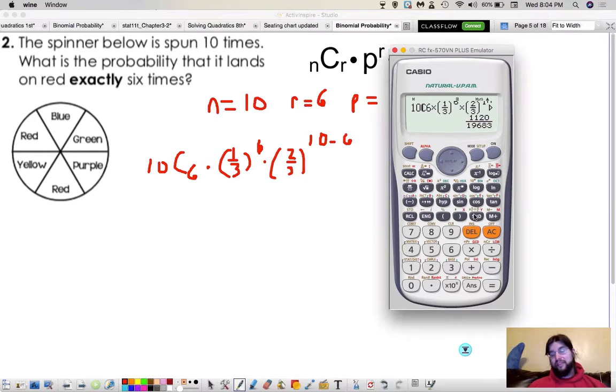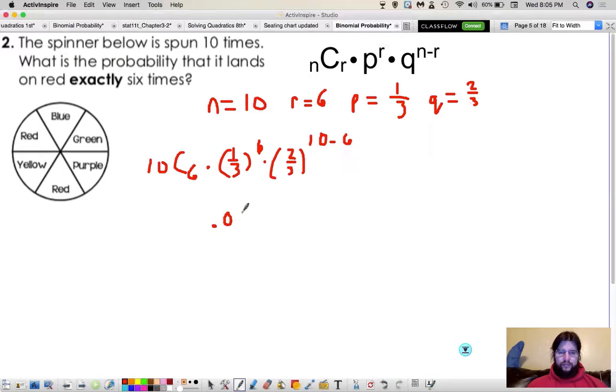Even if it's a fraction, make it a decimal. 0.0569, that next number is a 0, so it stays a 9. 0.0569. And that would be the probability of R being exactly 6.